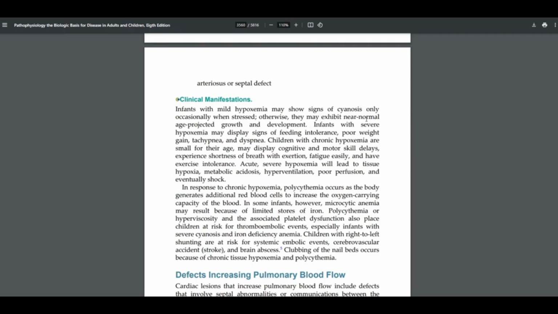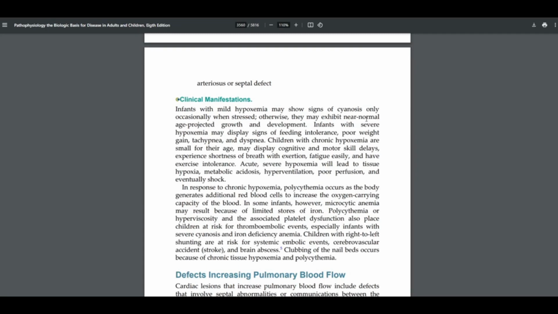Children with chronic hypoxemia are small for their age, may display cognitive and motor skill delays, experience shortness of breath with exertion, fatigue easily, and have exercise intolerance. Acute severe hypoxemia will lead to tissue hypoxia, metabolic acidosis, hyperventilation, poor perfusion, and eventually shock.